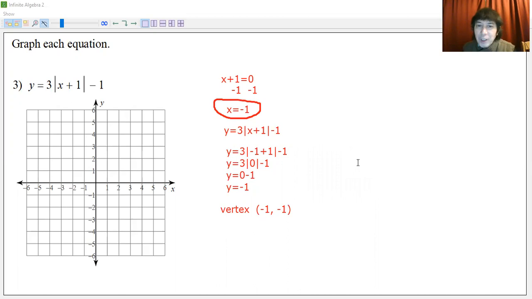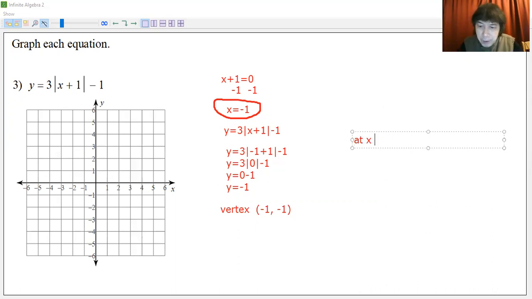Now we need 2 points again. We shall choose 2 values of x: one value of x to the right of -1, and another to the left of -1. Again, we can choose, say, +1. That will be 2 units to the right of -1.